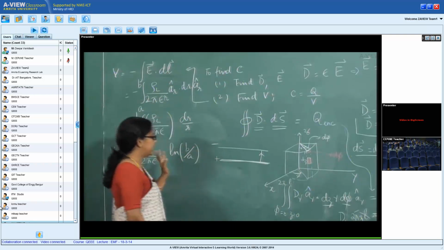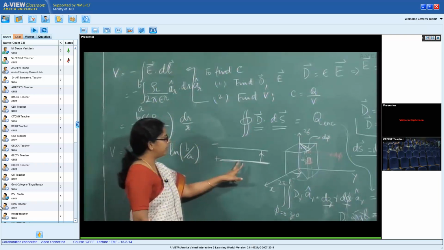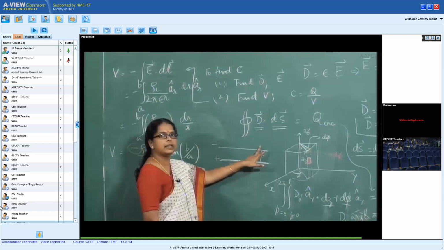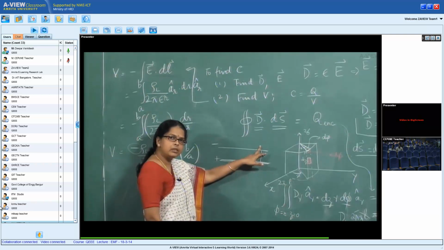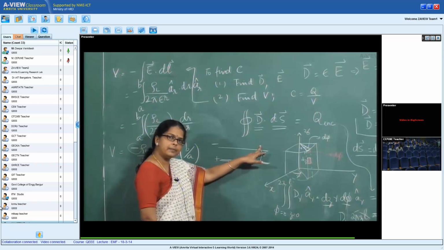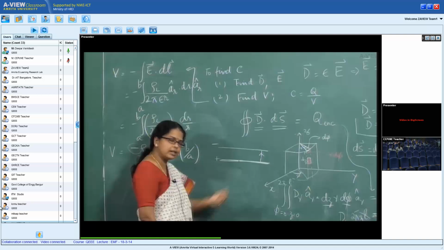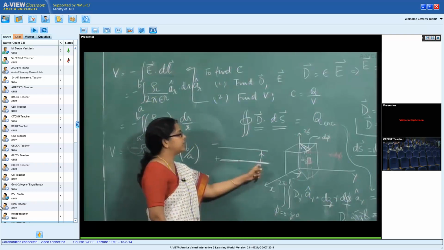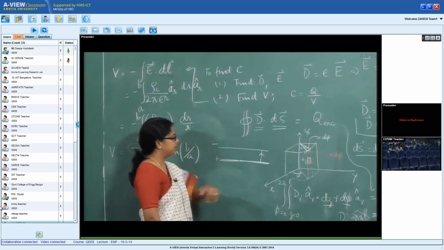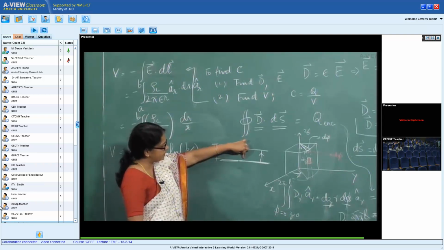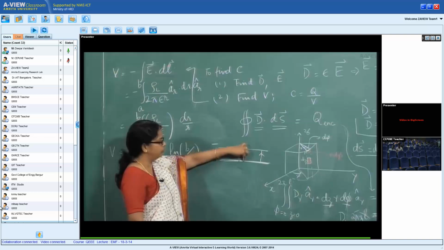What does this negative indicate? It simply indicates that if I am moving the charge from the inner conductor to the outer conductor, which means in the direction of the electric field, the work is done by the electric field, because as you know, electric field is experienced by the unit charge. Whereas if you are going from outer to inner, you have to work against the electric field to move the charge.